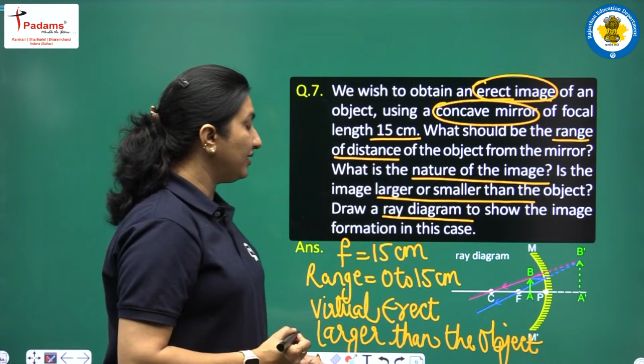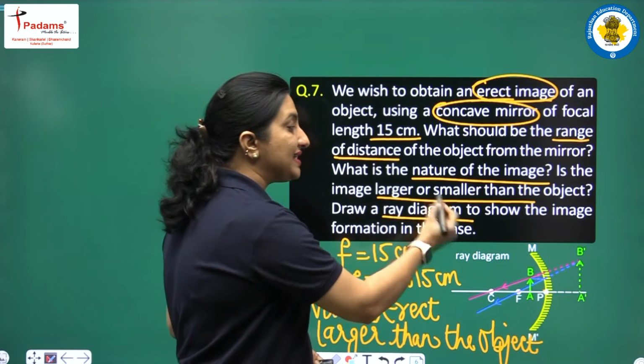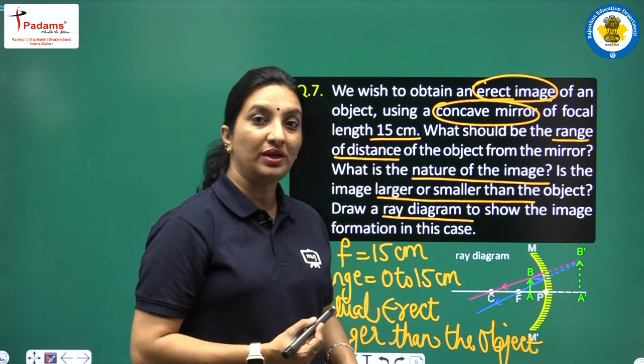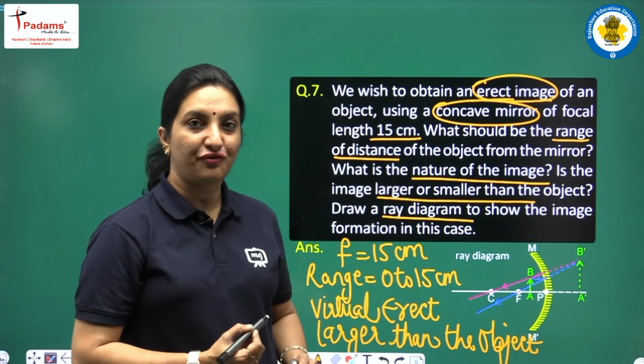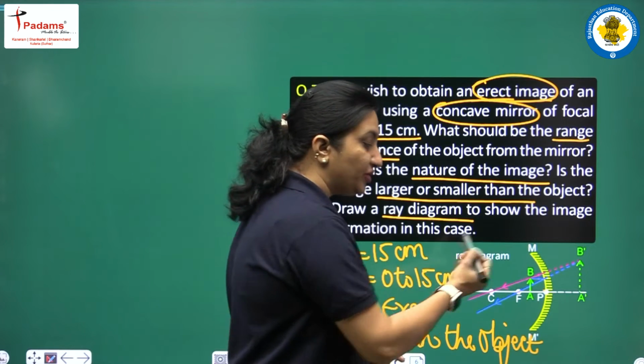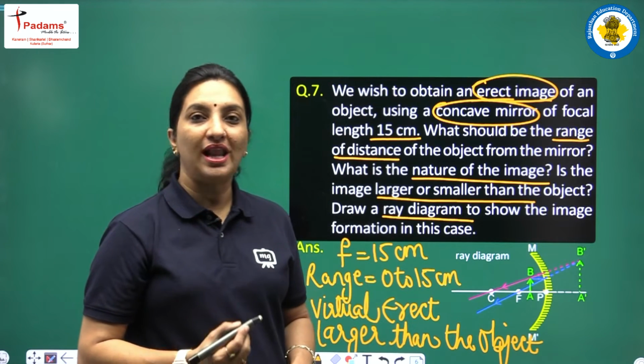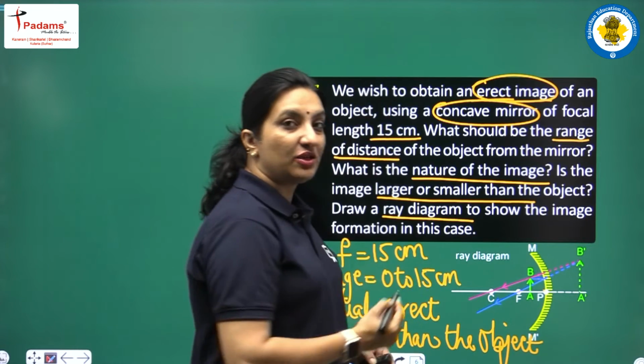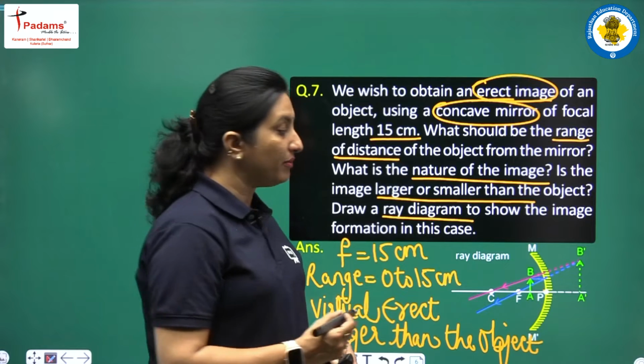Then in the last part they have asked to draw a ray diagram to show the image formation in this case. Here I have shown the ray diagram for image formation. AB is the object which is positioned between the pole and the principal focus, and we have again taken two rays of light to show the image formation.